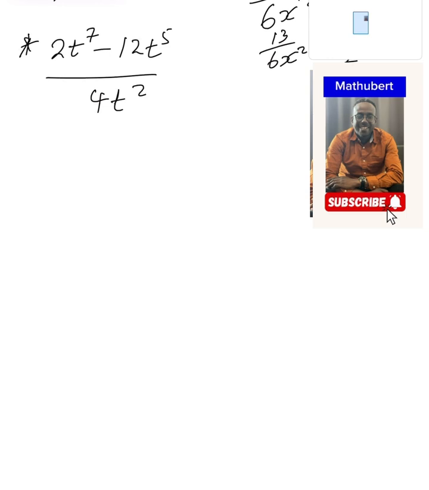The next one, I'll write it here so that we can do it together shortly: 7y to the power of 8 minus 9y squared, all divided by 2y. So pause the video and have a go at those two questions.